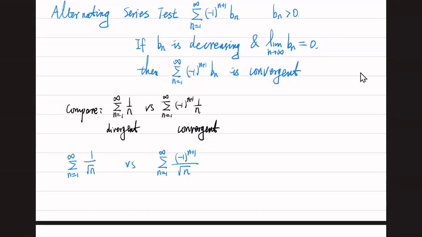Okay, two more series. First one, summation 1 over the square root of n. Second one, change signs. Okay, for this one, how do we determine if it's convergent or not?